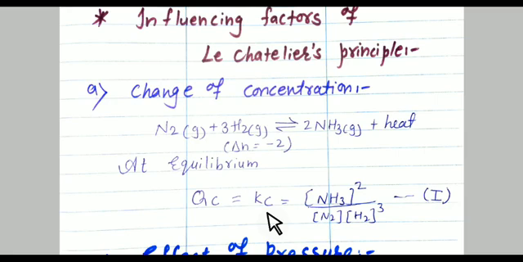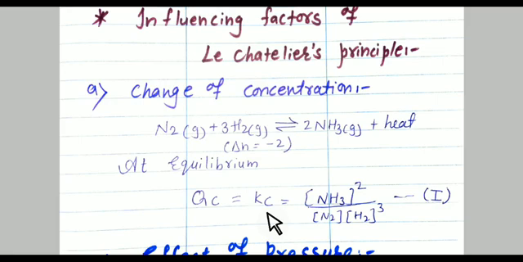The forward reaction occurs to a larger extent than the reverse reaction until the new equilibrium is established. So whenever equilibrium is disturbed by adding hydrogen, the reaction proceeds in such a way that hydrogen is used for converting into more and more ammonia.